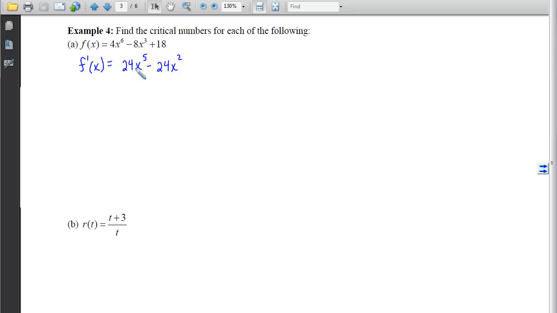So I can factor out a 24x squared, and when I do that I get an x cubed minus a 1. Well, x cubed minus 1 will factor into 24x squared times an x minus a 1 times an x squared plus an x plus a 1.